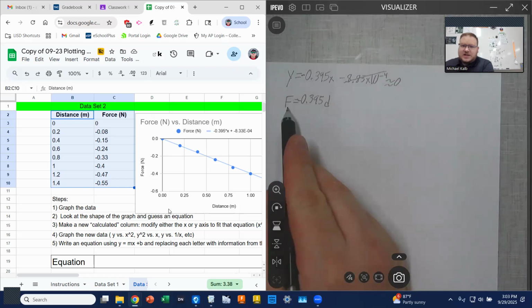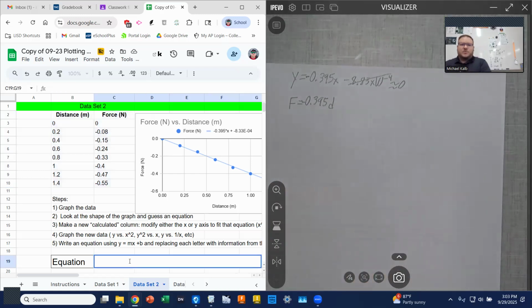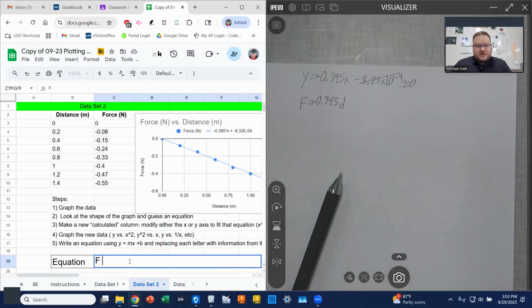Now down here where it says equation, we would say F equals negative 0.395 times D. Now, we do need units in this. So what are the units of the slope? Well, we have rise over run, newtons over meters.